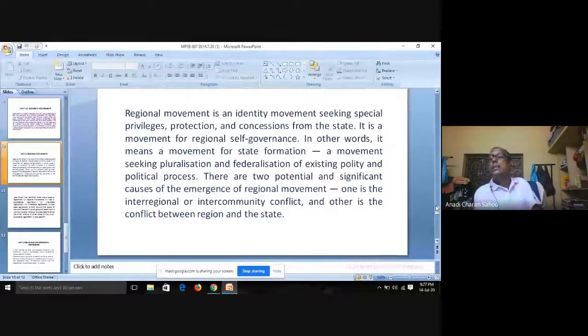Methodological insights on regional movements, especially in a diverse society like India, have contextualized formations. Therefore, it requires a potential analysis of the complex interplay of religion, region, people, and the state. When we say regional movement, it immediately refers to the existence of a regional community with political overtone.